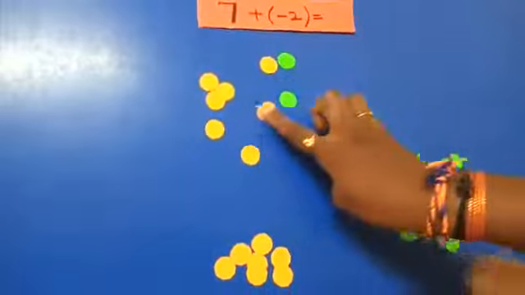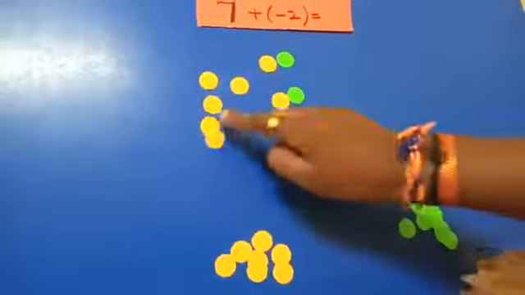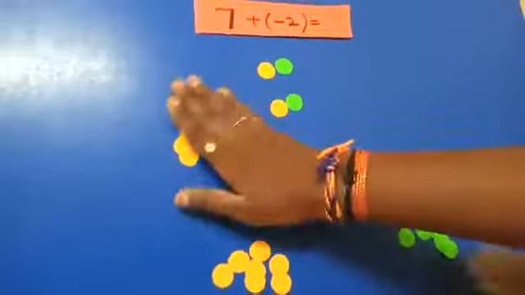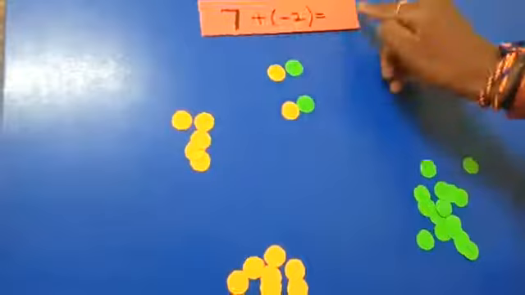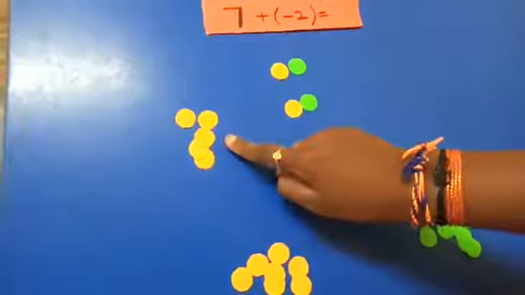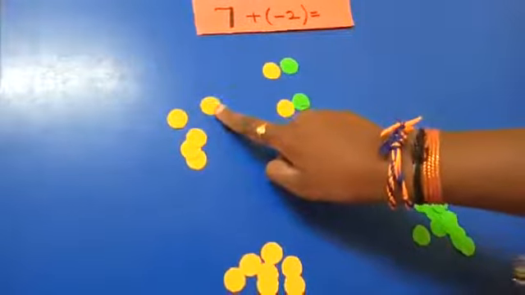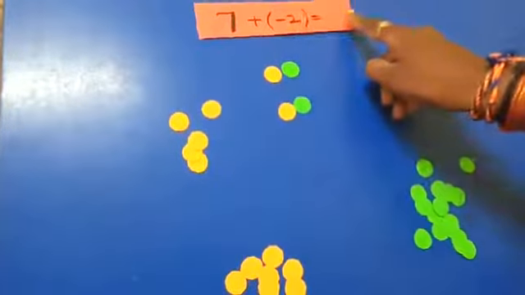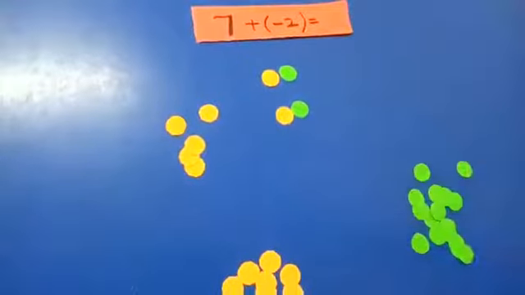This will be a pair and this will be a pair. 1, 2, 3, 4, 5 beads don't have a pair. So is the answer for 7 plus minus 2 positive 5 or negative 5? Exactly, it is positive, because the yellow one is positive. So the answer for 7 minus 2 is 5. Am I clear on this one? And I will show you the next problem.